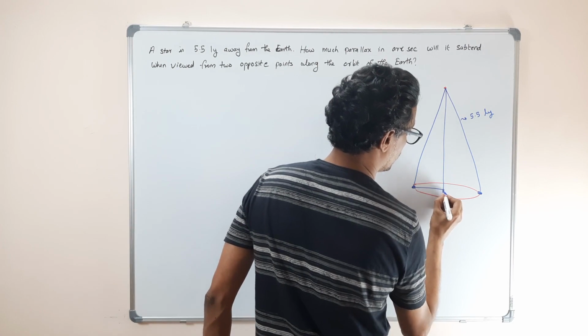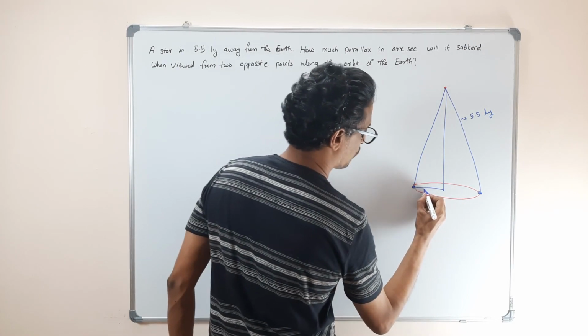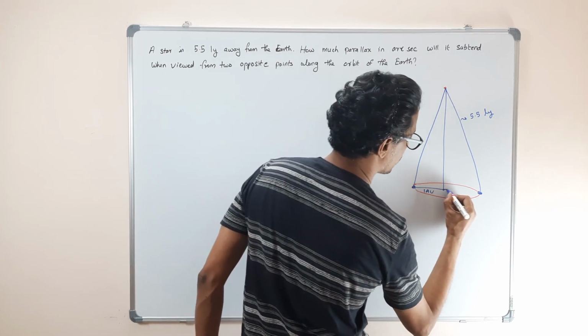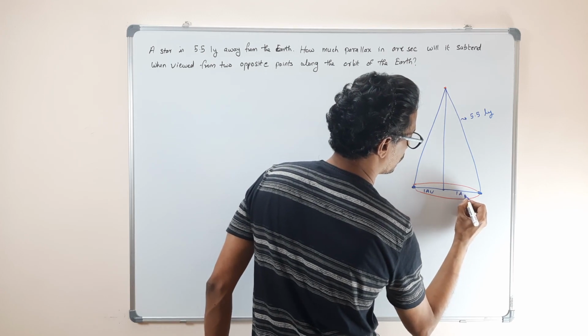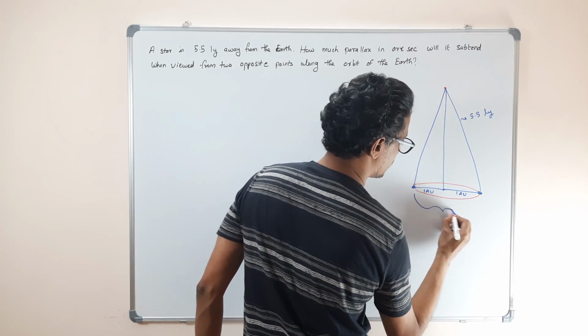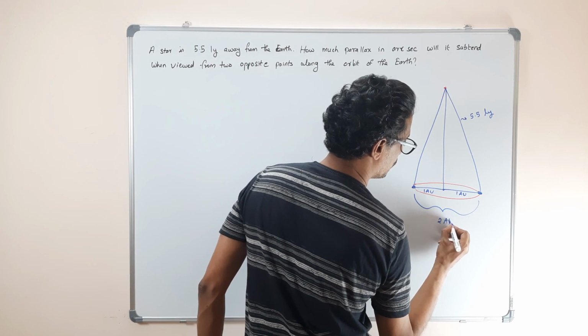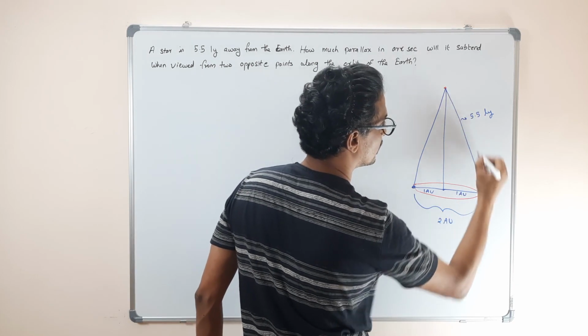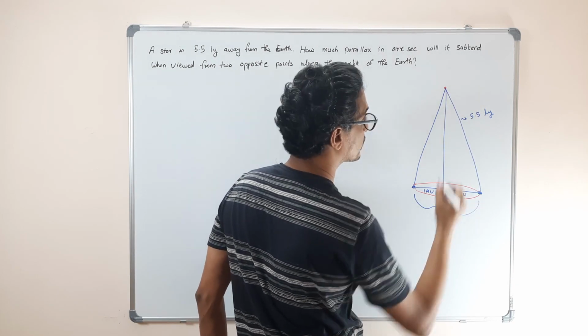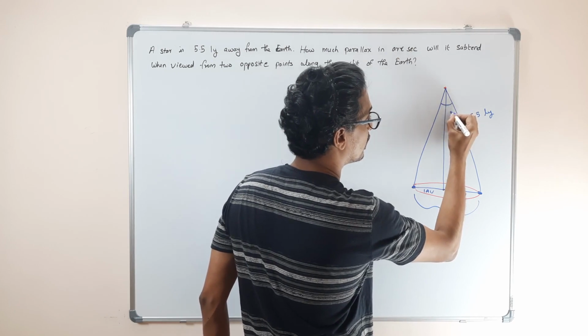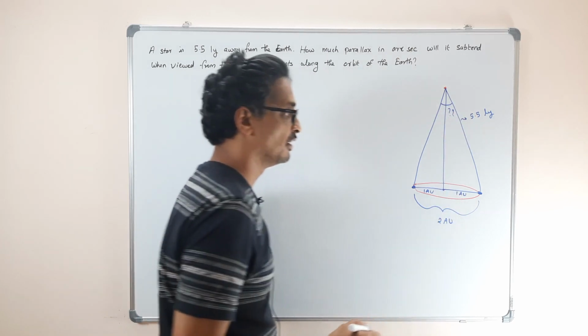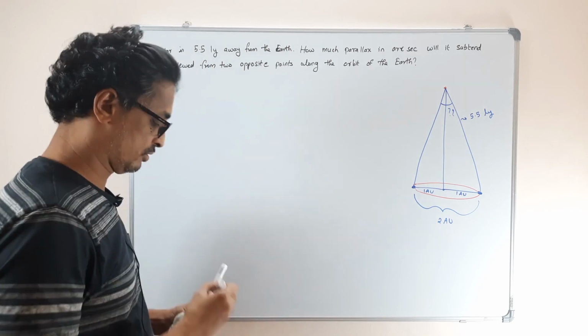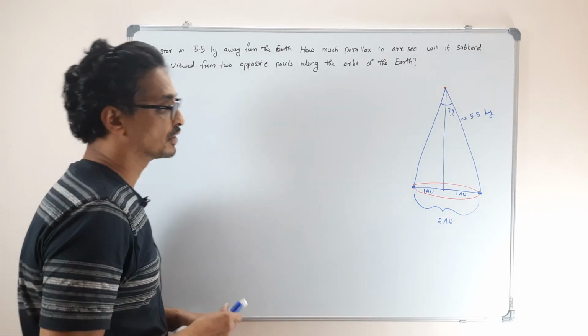Yes, this is 1 AU. And this distance is 1 AU. So what will be the total distance? 2 AU. And what is this distance? 5.5 light years. What are they asking? What is this angle? Can't you find it? What is the formula?